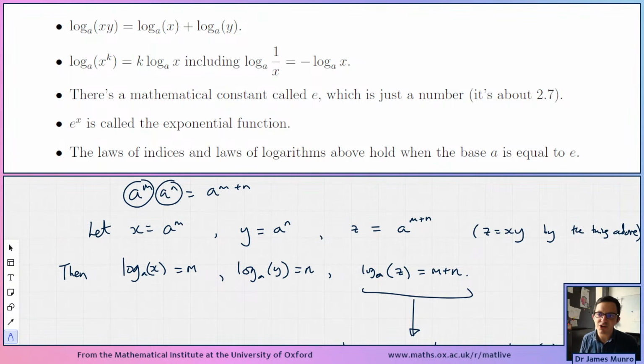Logs are powers. So I would like it if you had these two facts as pretty much being equivalent in your mind. Whenever you see x equals a to the m, I'd like you to be able to swap that to the equivalent statement that log base a of x is m.